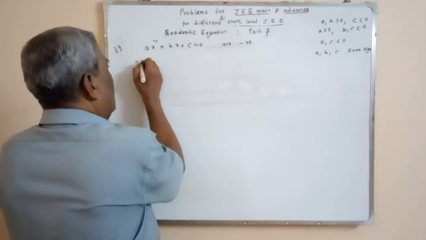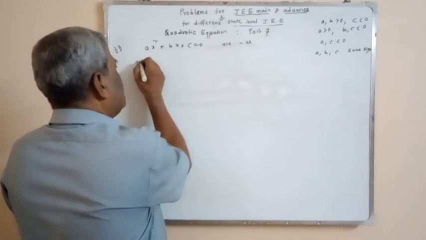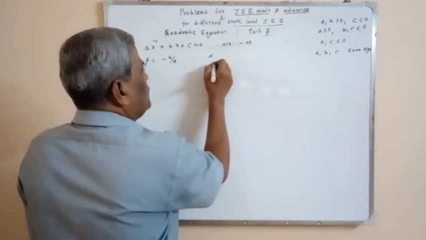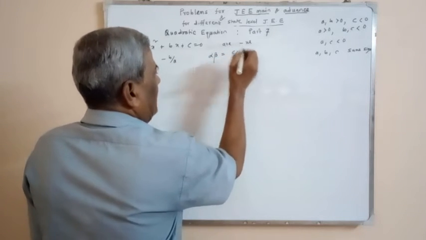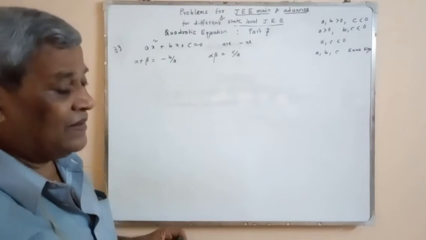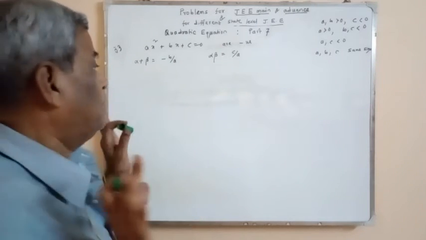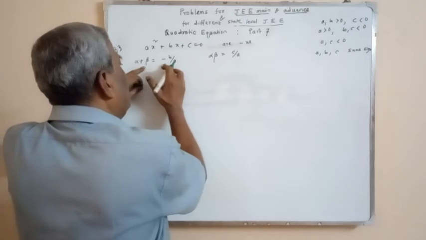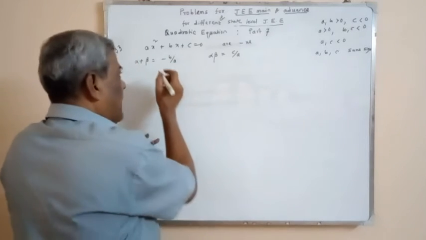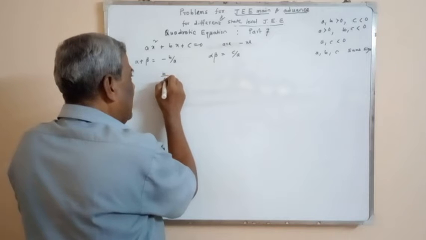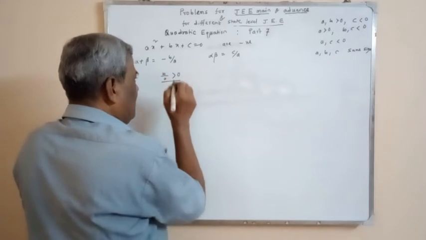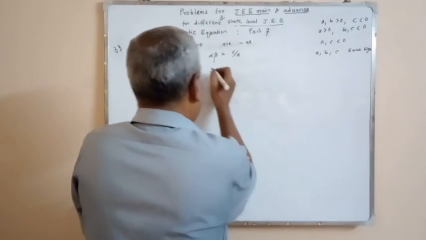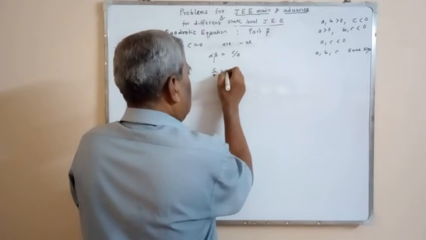Suppose alpha and beta are the roots, then the sum of the roots is minus b by a, and the product of the roots alpha beta is c by a. Now, given that both roots are negative, the sum is negative, so minus b by a must be negative. That is, b by a should be positive, and the product of the roots, negative into negative, is positive. So c by a must be positive.